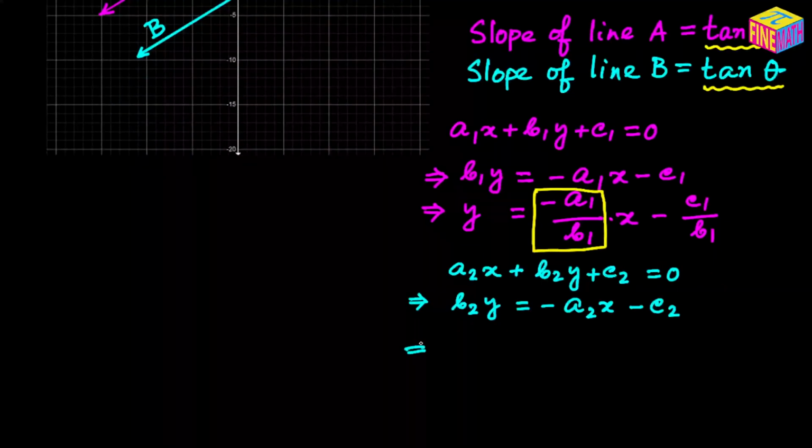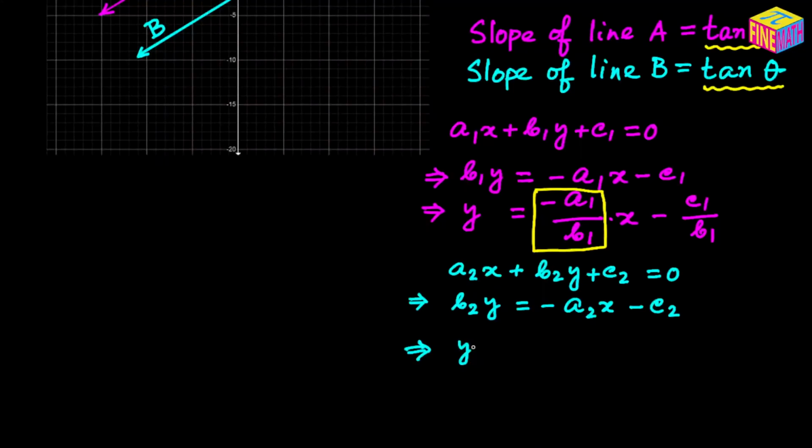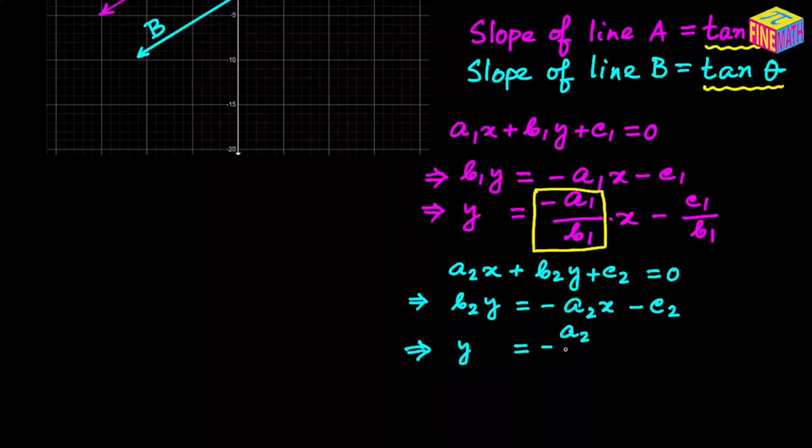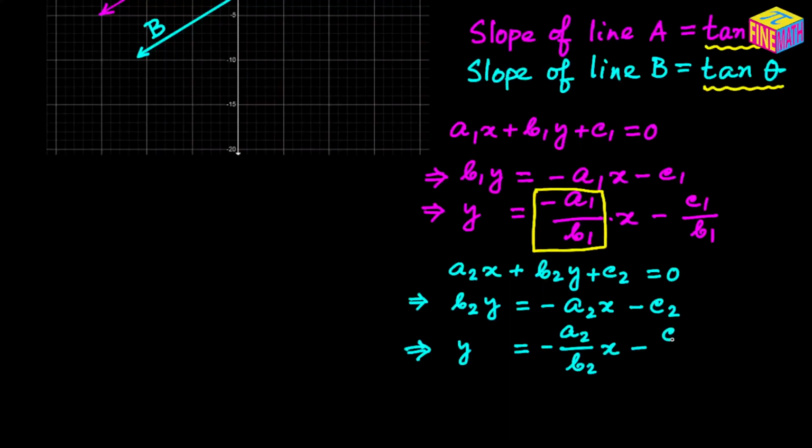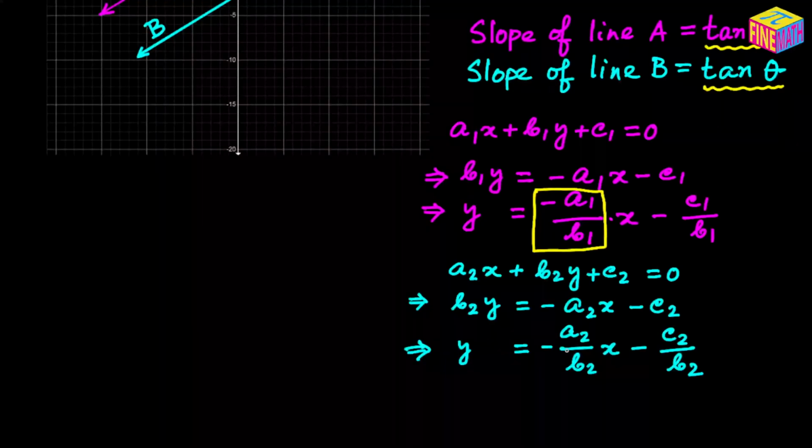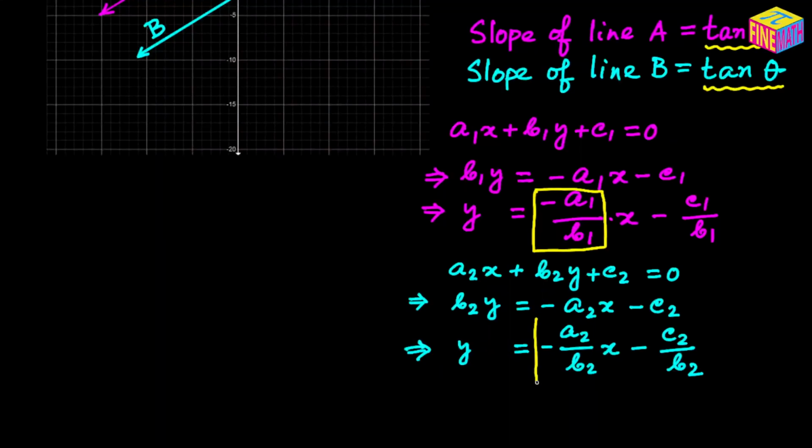If we divide both sides by b sub 2, we get y on the left hand side, and that will be equal to negative a sub 2 divided by b sub 2 times x minus c sub 2 divided by b sub 2. So here again, as you can see, the slope of the second line, which is line B, is the negative of a sub 2 divided by b sub 2. That is the slope of the second line.